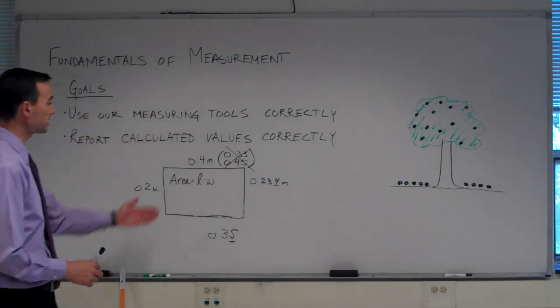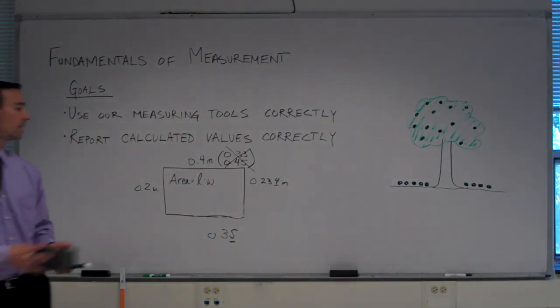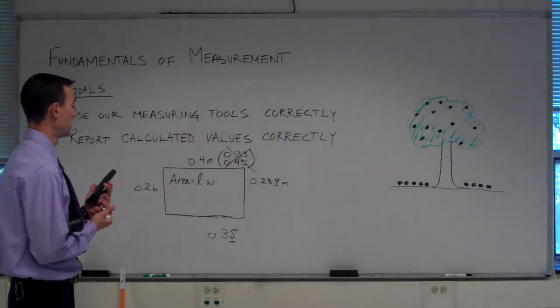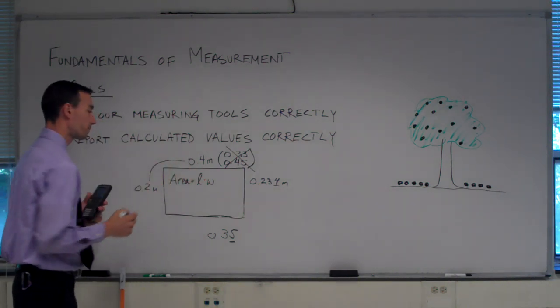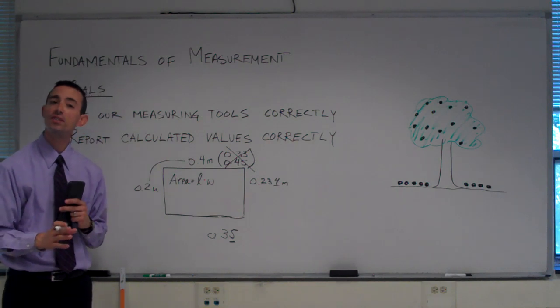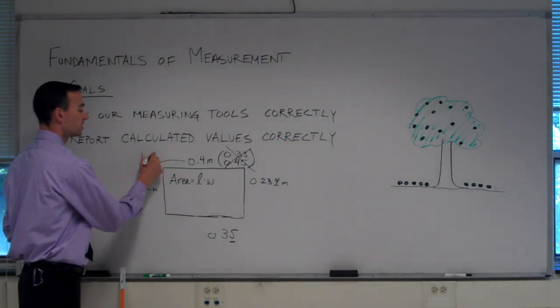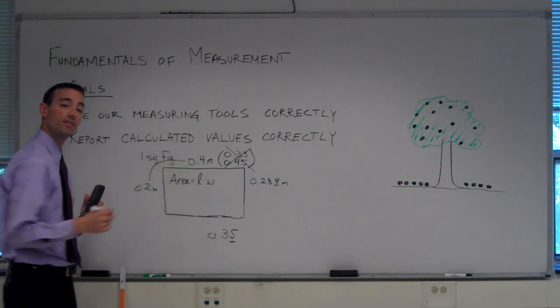All right, now let's calculate the area of our rectangle. Simple formula, length times width. If I use the two values here, which have the least amount of significant figures, each of these values has what we call one significant figure, right?